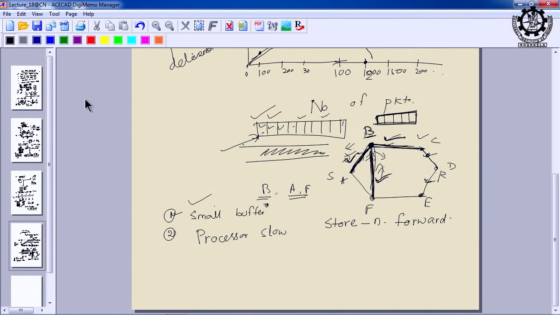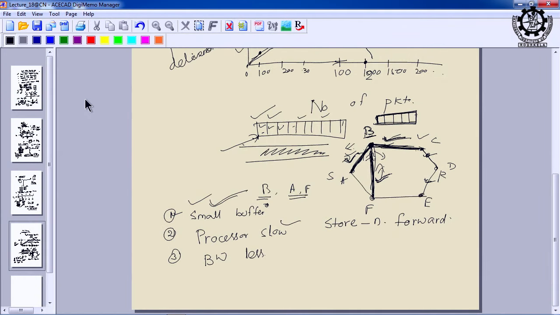So, either if you have a smaller buffer, you have a slower processor, or the bandwidth is less. This is the same case. If this bandwidth or channel capacity or link capacity is less, again you will see the same condition of congestion that has occurred.